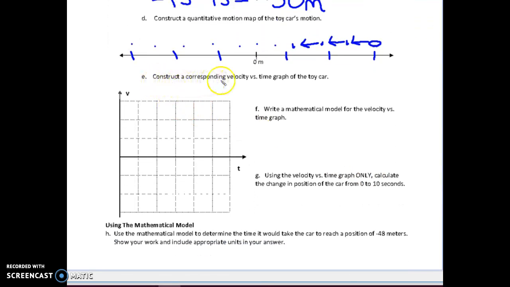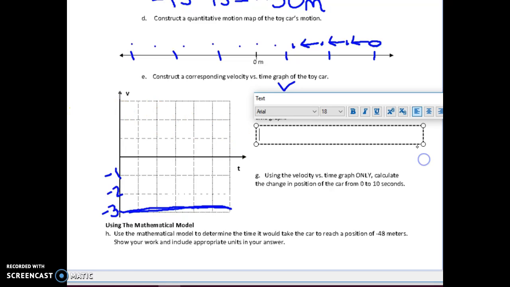Up next it says construct a corresponding velocity versus time graph of the toy car. Well, the velocity of the car is equal to the slope of my position versus time graph. I calculated the slope to be negative 3, so I'm going to label these here, and I'm going to have a flat line at negative 3. Now I want to write a math model for that.